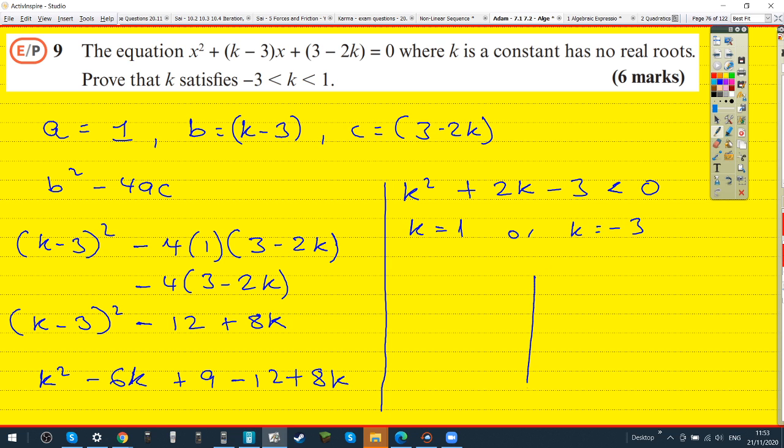And so how could you sketch the graph? You'd have a point where x is 1, y is 0, and another point where x is minus 3 and y is still 0. Would it go through the 2 points? Yeah. Sad face, happy face. Happy. Where is the graph less than 0?